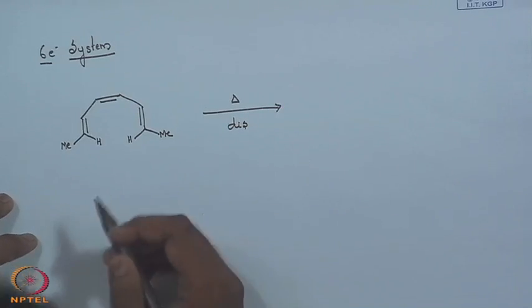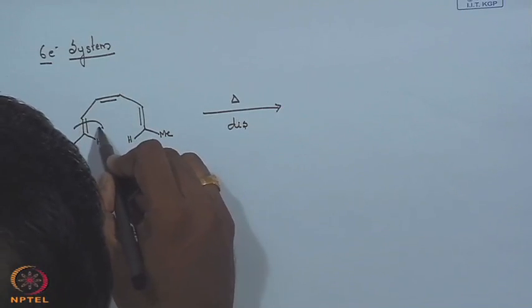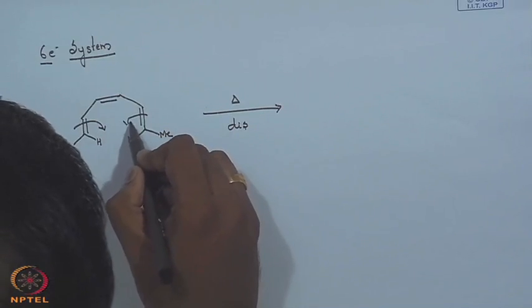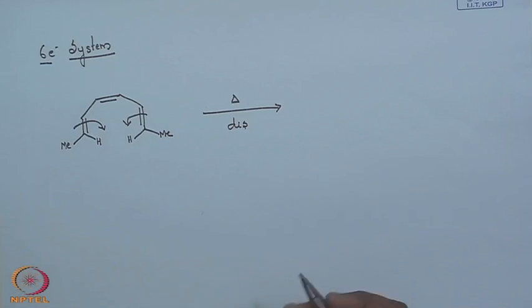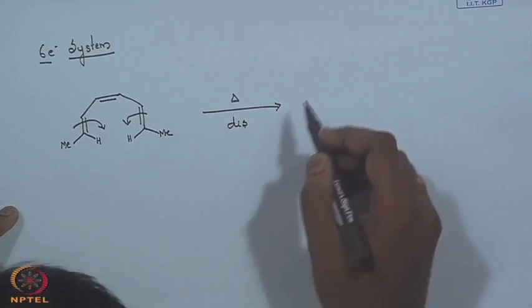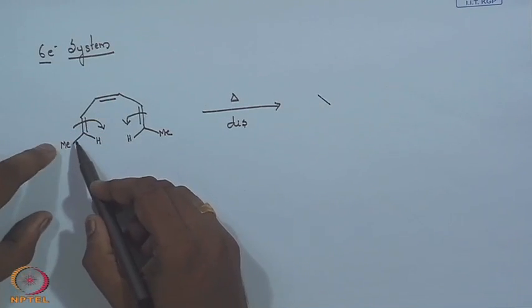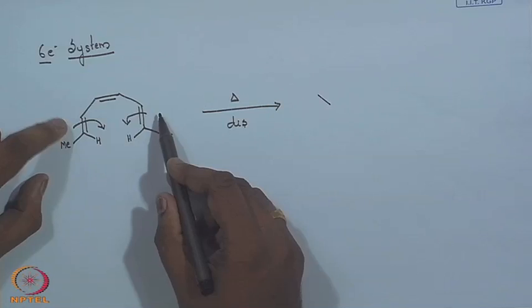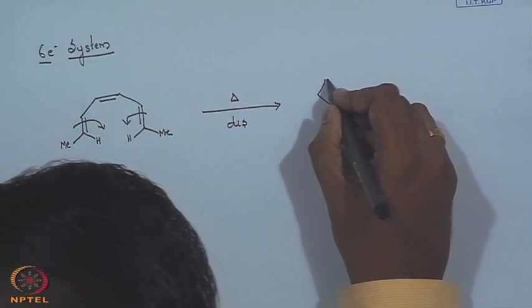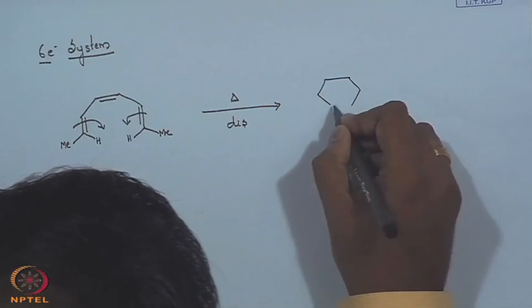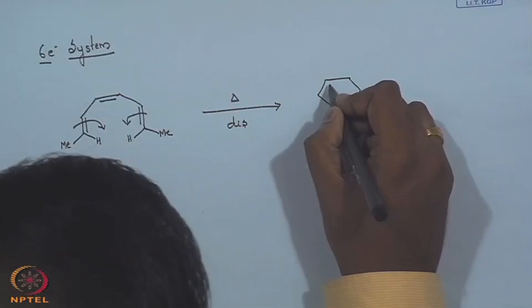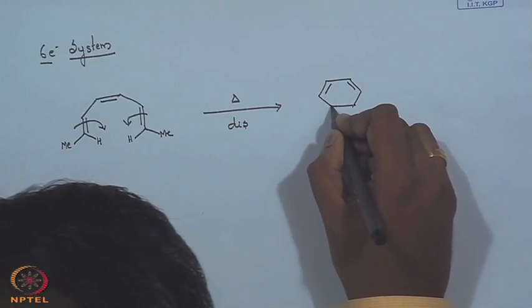So, this is one side clockwise and this should be anti-clockwise. In one case methyl is up, in this case also methyl is up. So, it is fine, both the methyls are in the same plane.